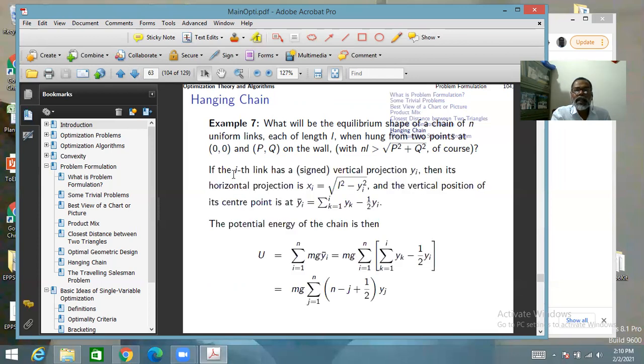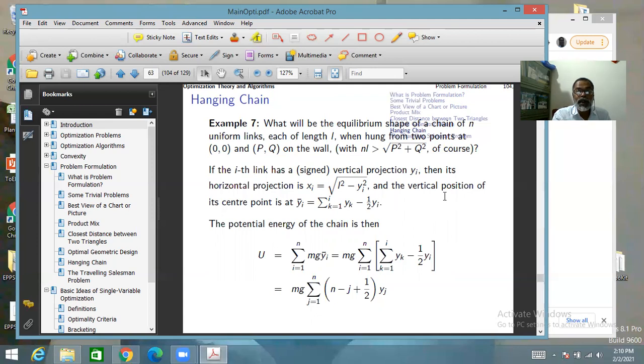So now the formulation. If the ith link has a signed vertical projection yi, that is, if the link going from beginning to end is going upward, then this is positive. Otherwise, in the other case, it is negative. So it has to be signed. Okay. Then its horizontal projection is this, you get from Pythagoras straight.